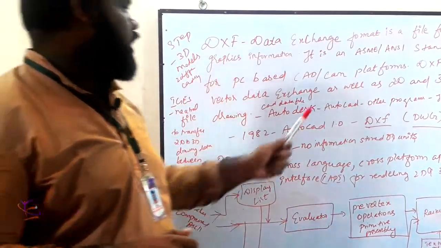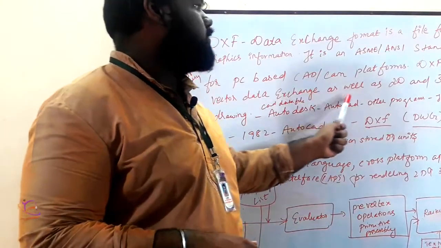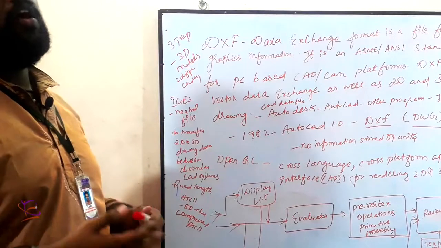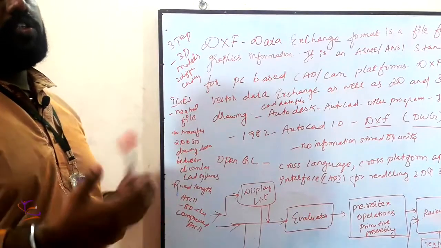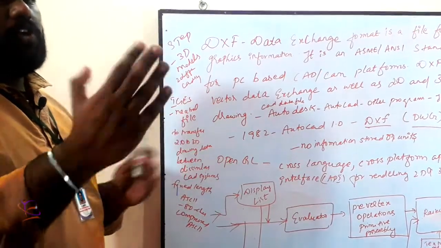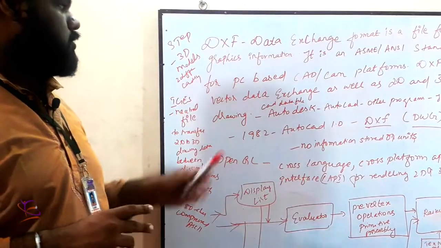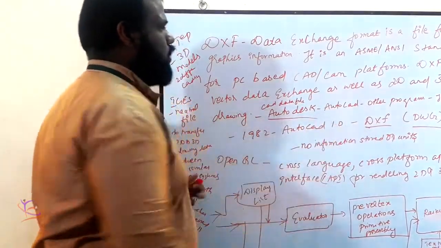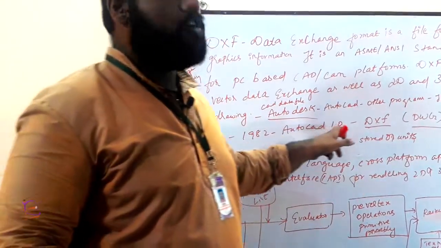DXF enables vector data exchange as well as 2D and 3D graphics drawing. So we can exchange 2D drawings or 3D graphics drawings between two computer systems, and it was invented by Autodesk for AutoCAD version 1.